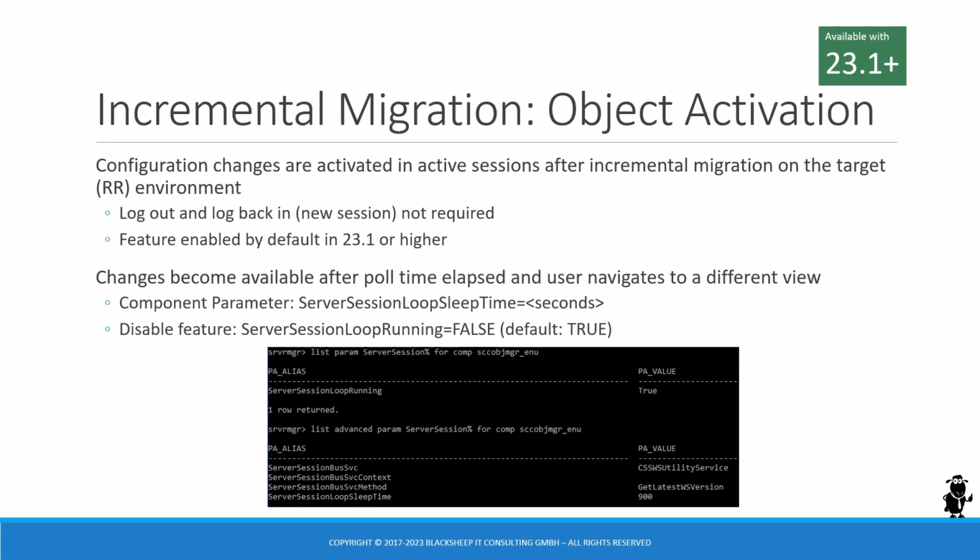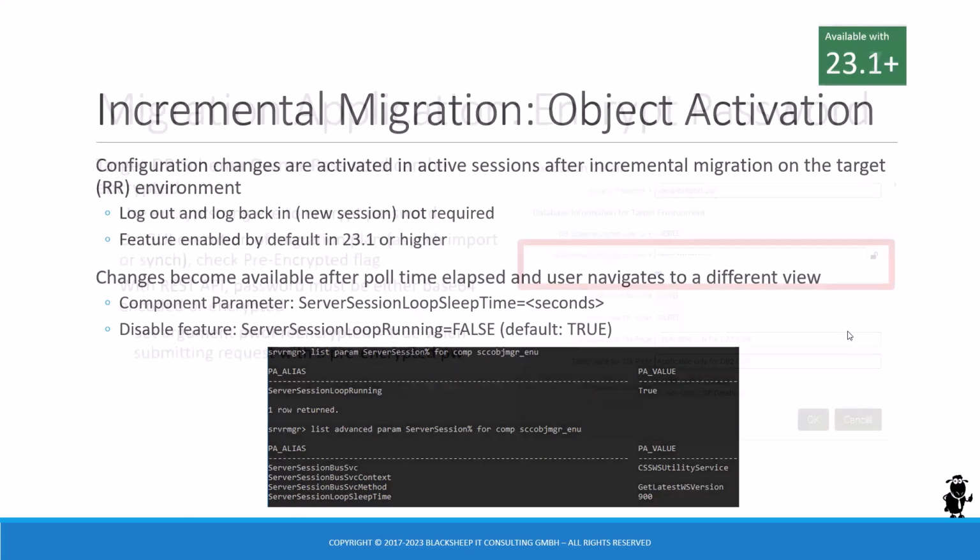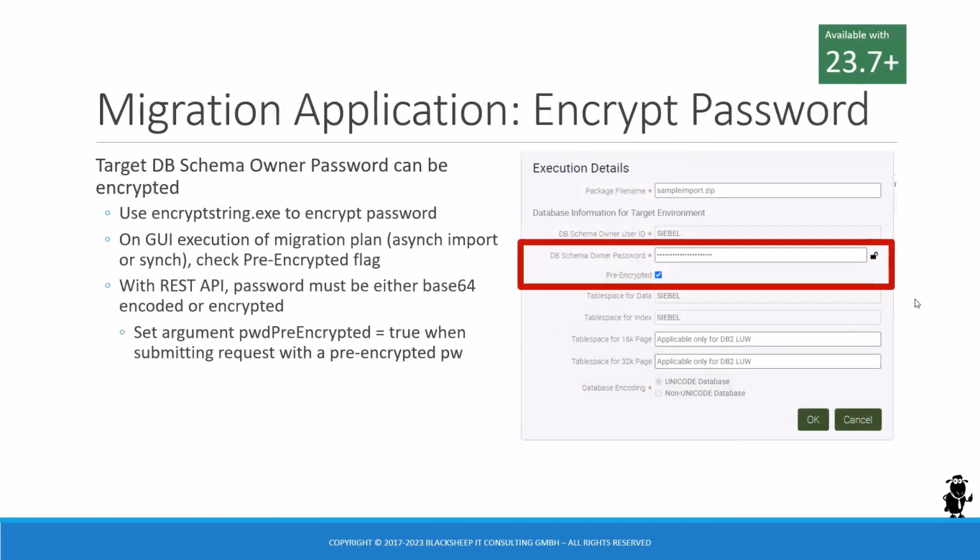You don't have to log out and log in again. But it's rare; if the users don't know about it, they just go about and use Siebel and they don't even notice. At best case, they don't notice. So again, it's a default setting now, and it's enabled by default unless you disable it.